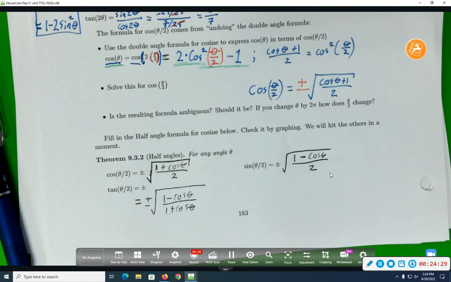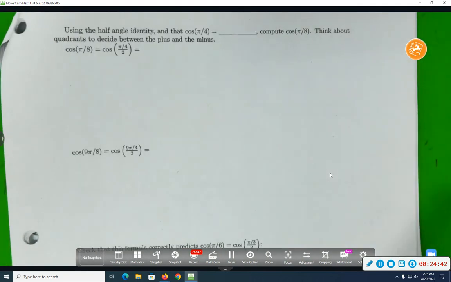So let's use these to make some computations. And let's start with one that has been a computation I've alluded to for a while now that we haven't actually done. Now we can. Let's try to compute the cosine of pi over 8. And we've said what the cosine of pi over 8 is a few times. How many people just remember what we said the cosine of pi over 8 is?